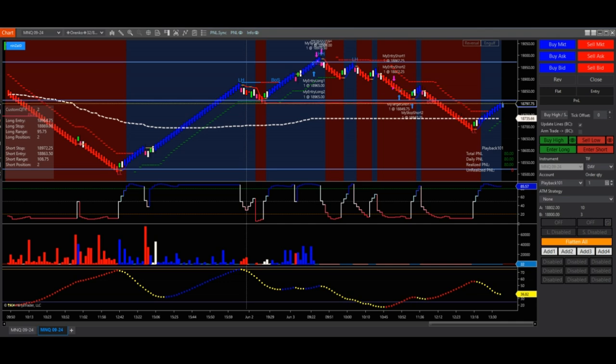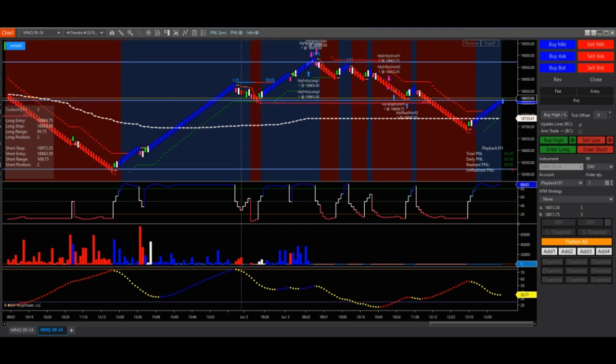And we're approaching a support area, which might be a resistance in this case. So it probably will respect that area of significance. Let's see what it does.